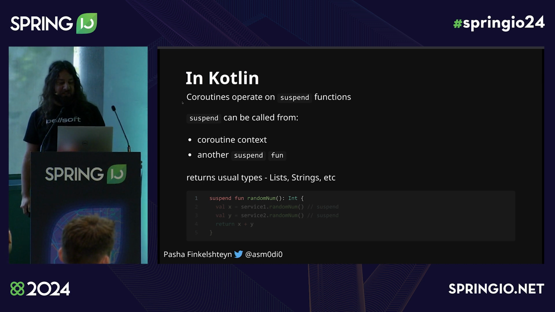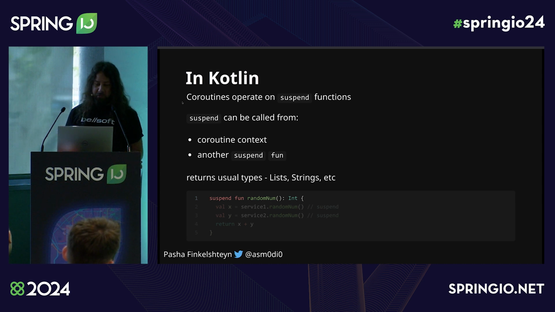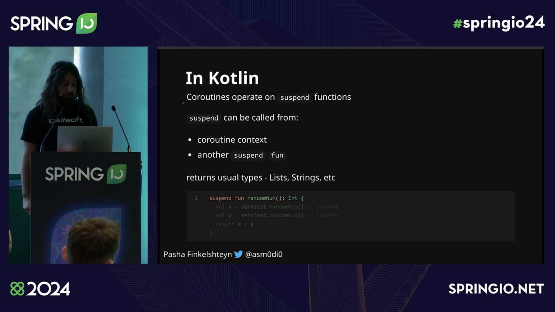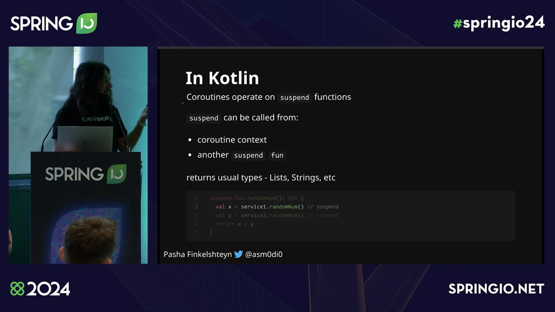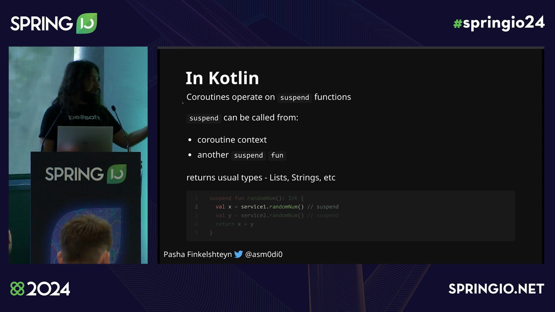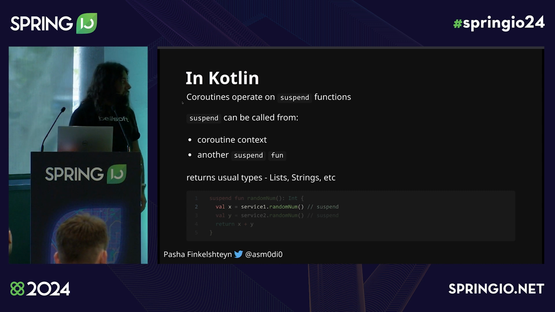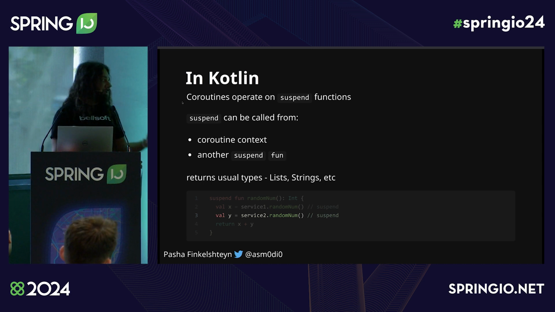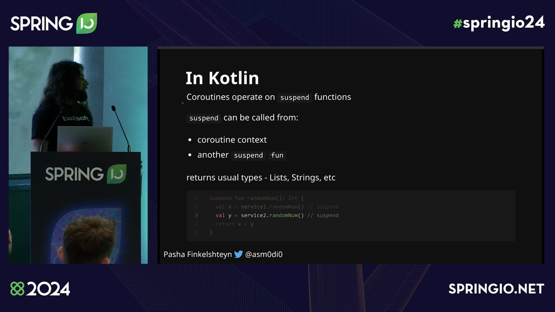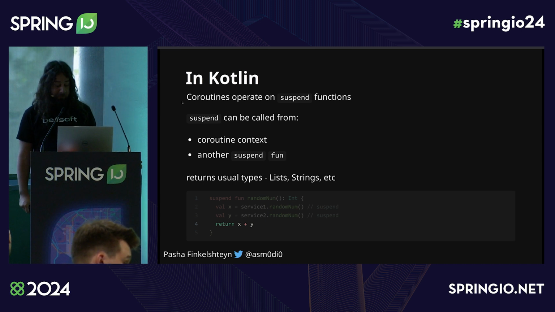We have a suspend function, random number, that returns an integer. What it does, it calls one service to obtain the first random number. It calls a second service to obtain the second random number. And then it sums these random numbers.